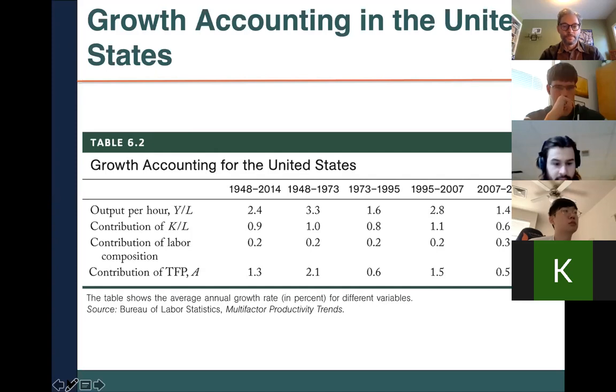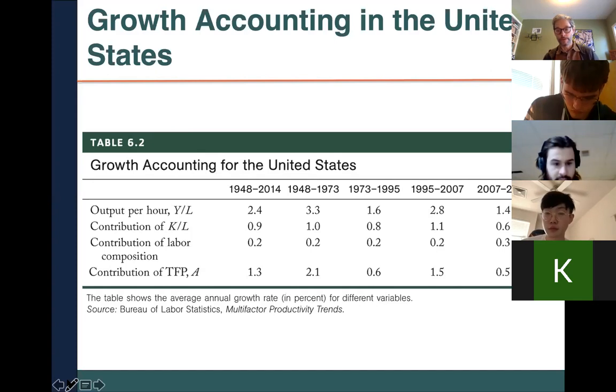All right, so here we see output per hour. So instead of measuring this as per capita output, it's actually measured as output per hour. And we see that output per hour grew at about 2.4%. Of that, about 0.9% can be attributed to capital, about 0.2% to labor, and about 1.3% to total factor productivity.